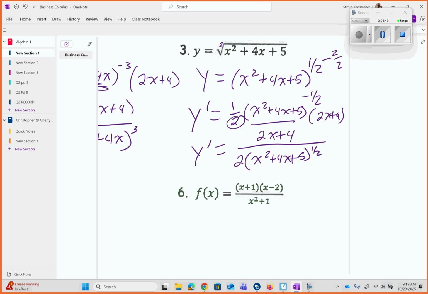And I guess on this one, you could reduce it, but I'm not going to worry about reducing it, being that the bottom 2 can go into both the top 2s, the 2 and the 4 on the top. In later math classes it would, so the top would become x plus 2, and then the bottom one wouldn't have the 2, but it'd have the whole thing in parentheses. We feeling okay?